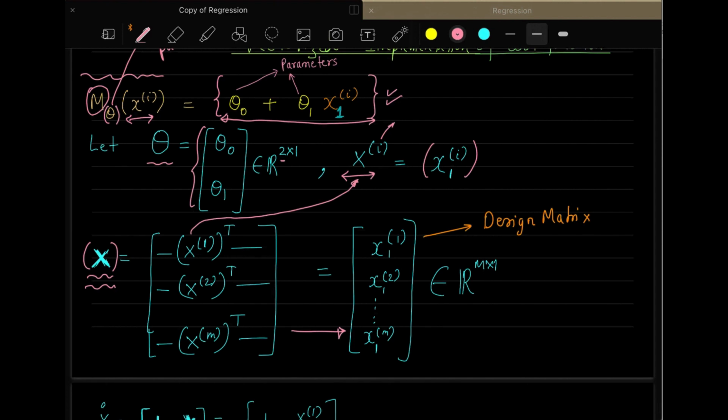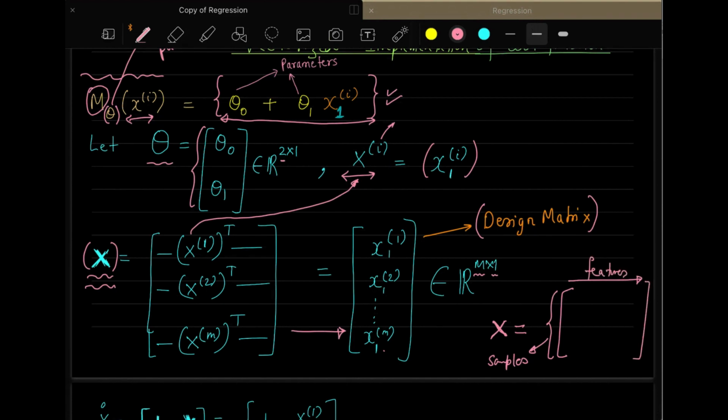You are just feeding these inputs in here. This capital bold X matrix is also called the design matrix. Note that the dimension of this matrix is m cross 1. So we are creating a design matrix which has samples on the rows, that is, how many samples you have, and on the column side you have how many features you have.